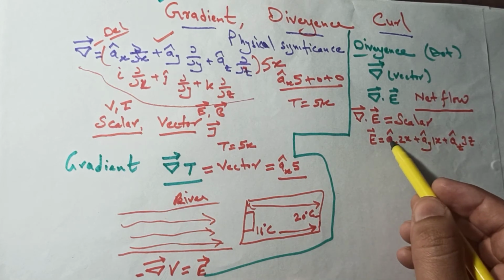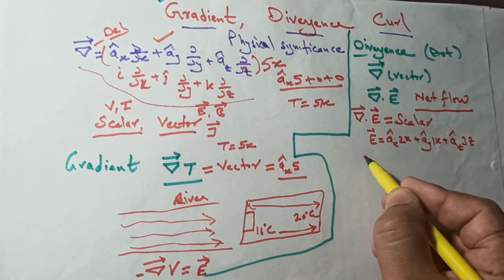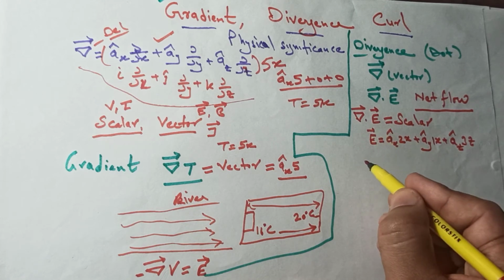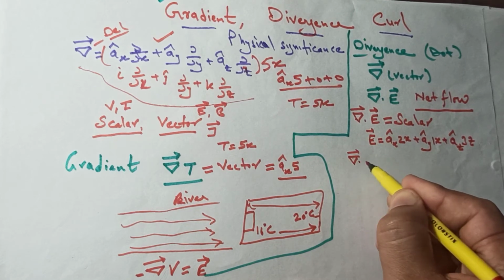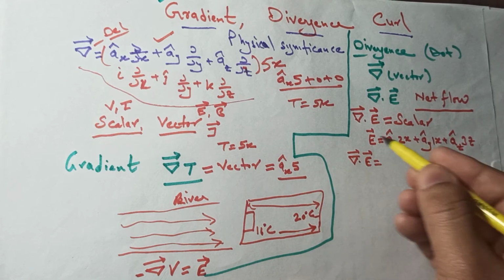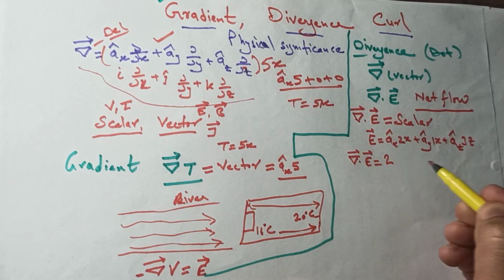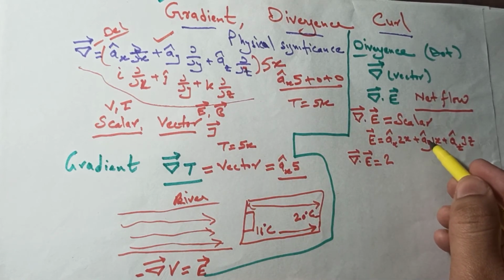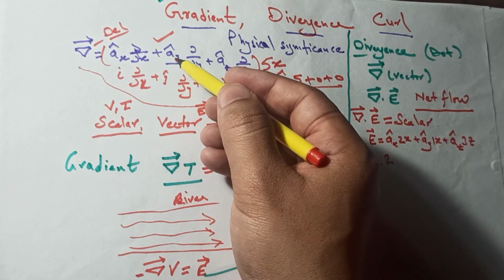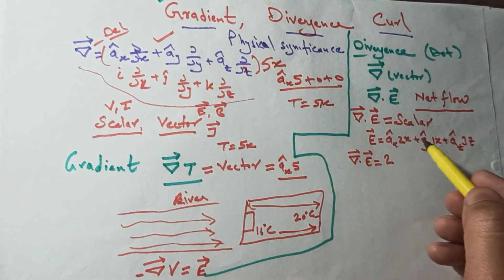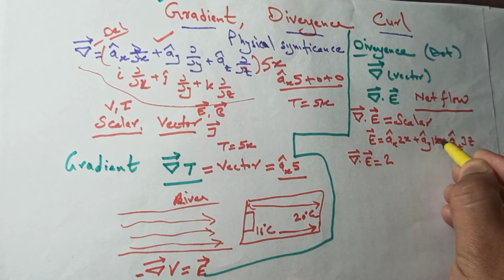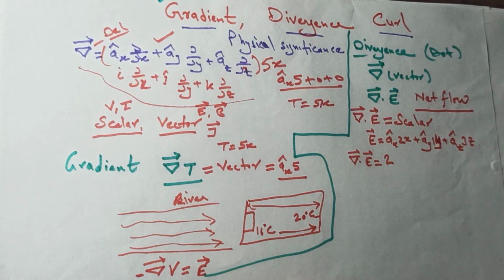If you don't know the dot product, I will make a separate video, just remember that you will get this value. So del by del x of 2x will be 2, and again this ay multiplied with ay gives you 1.